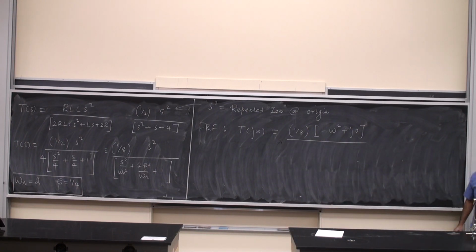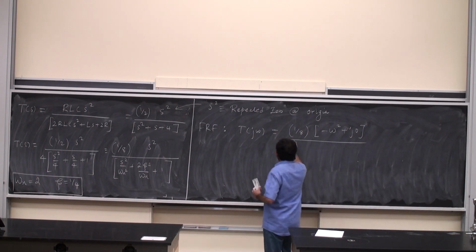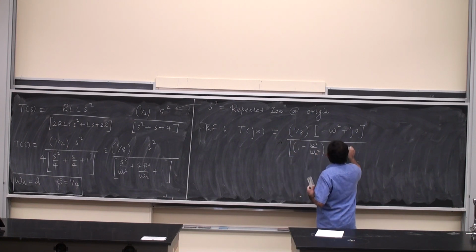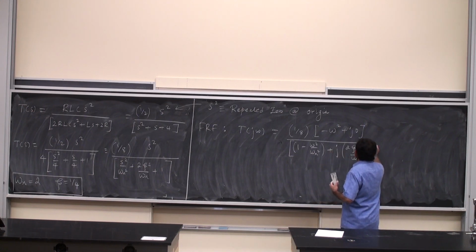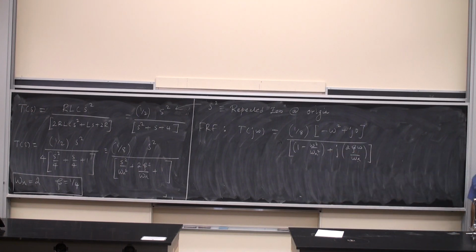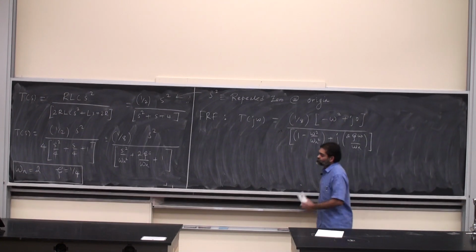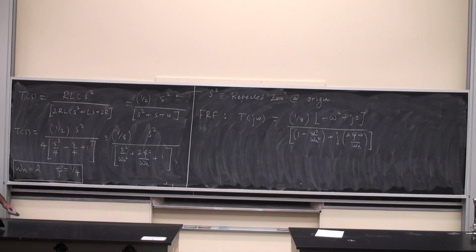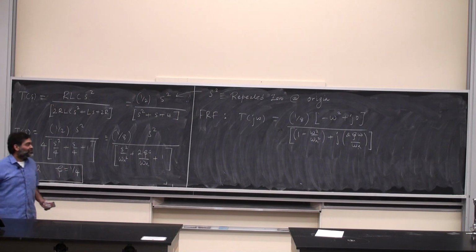The denominator is the standard one that we have been writing in the past: 1 minus omega square over omega n square, plus 2 zeta omega by omega n. Don't worry about that minus omega square in the numerator, it's not going to affect anything.